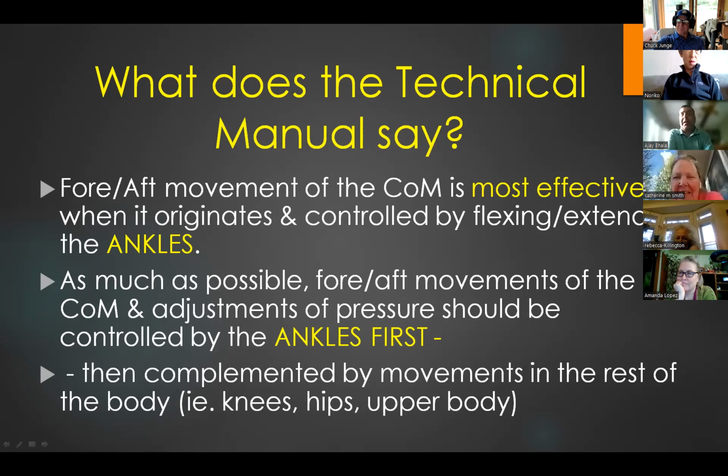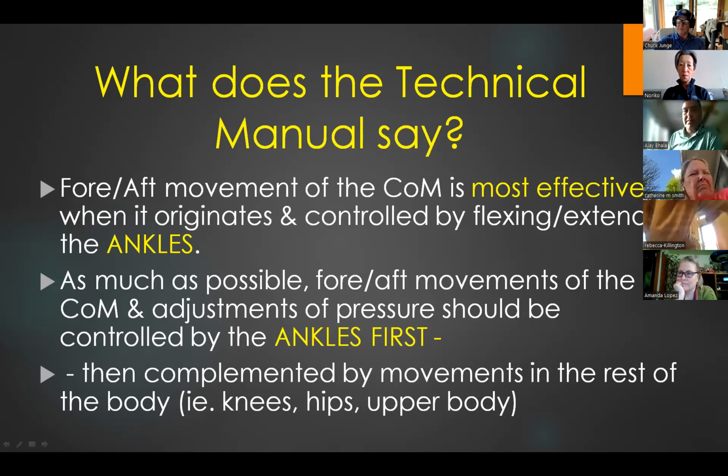Okay, the answer is it depends. It depends upon what you're trying to do, where you are in the turn, where you are in space, what it is you are trying to do. I'm going to suggest that dorsiflexion probably takes pressure off the front of the foot or off the front of the skis and puts it more in the heel.